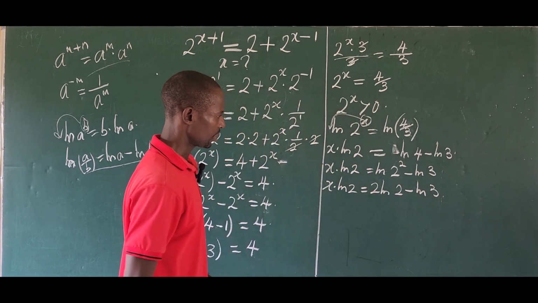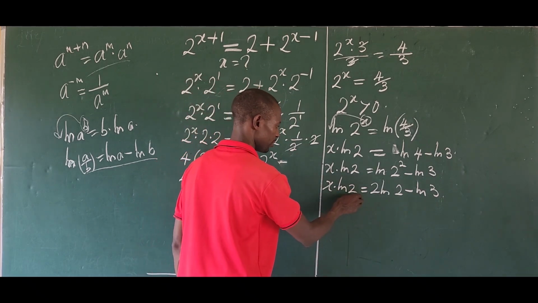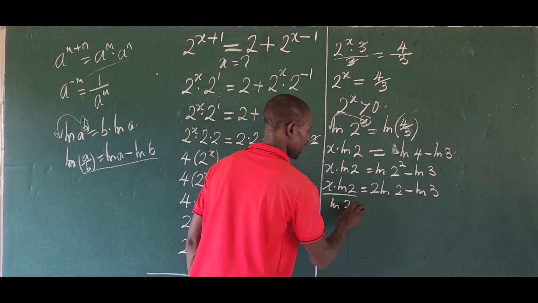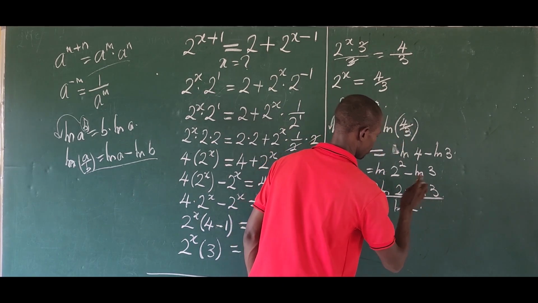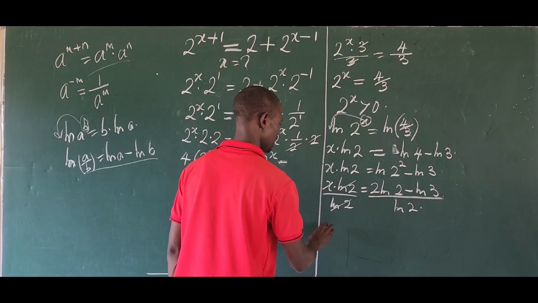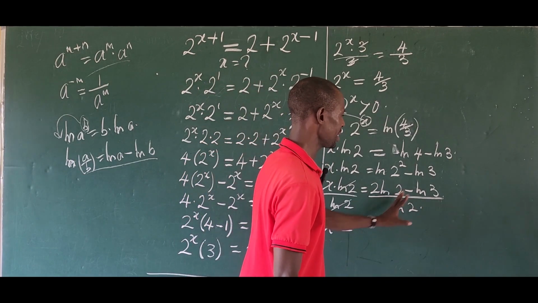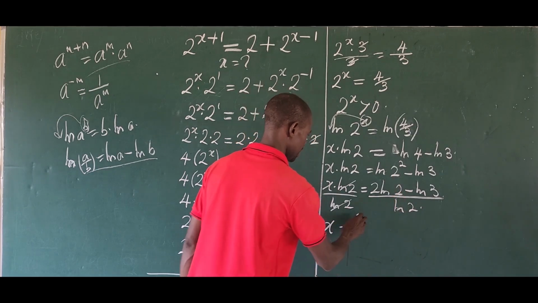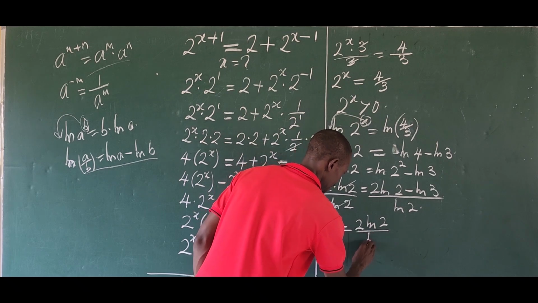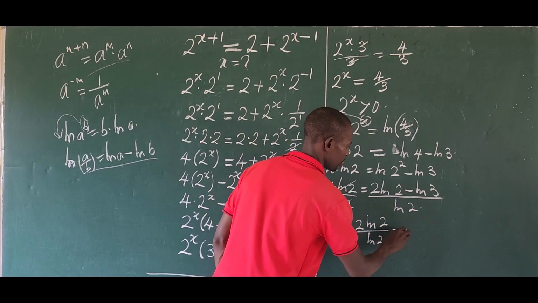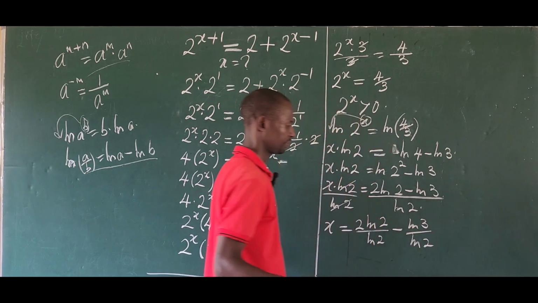All right. Now, we are looking for x, so we divide everything here by the ln of 2. We now have x equal to, we can rewrite this expression, 2 times the ln of 2 all over the ln of 2, minus the ln of 3 all over the ln of 2.